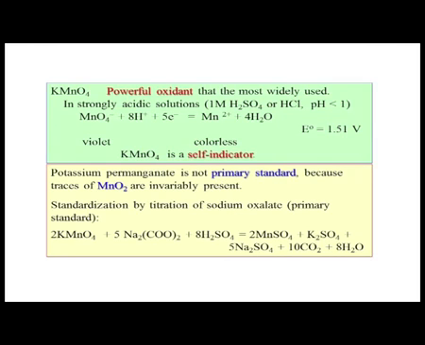Manganese has no d electron, it is a d0 system, in +7 oxidation state, but due to charge transfer transition it is violet in color. This violet color disappears during titration. We can follow the reaction from the reduction of MnO4 minus to Mn2 plus, which is colorless. Therefore, we do not use any indicator to indicate the end point of this titration.